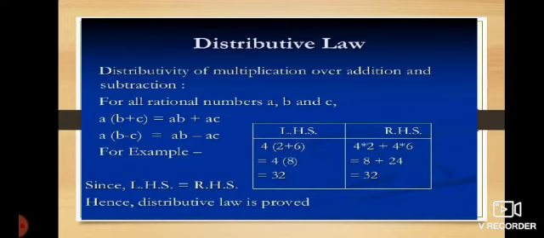On putting the values of a, b and c, if you get the left hand side and right hand side equal in the formula, then the distributive property holds good for addition. Similarly, in the subtraction formula, a into b minus c is equal to ab minus ac. On putting the values of a, b and c as any rational numbers and substituting, if you get the left hand side and right hand side equal, then the distributive law holds good under subtraction.